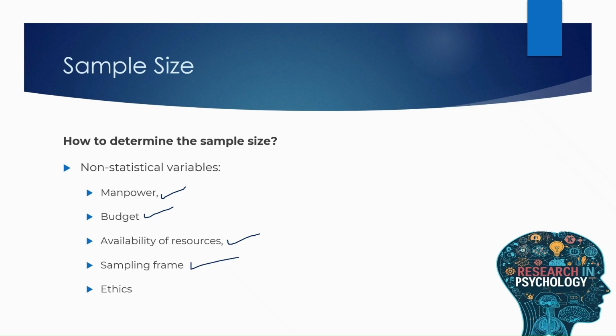Lastly, the non-statistical variable would be ethics, and we have studied what ethics is, right? The research you're conducting should be beneficial for society. It should not harm anyone, right? So these are the non-statistical variables based on which you will be selecting your sample size.